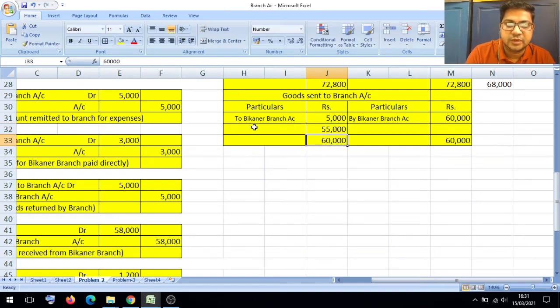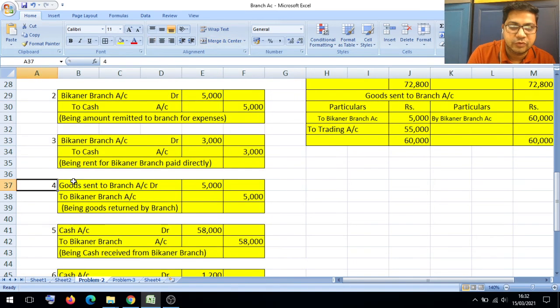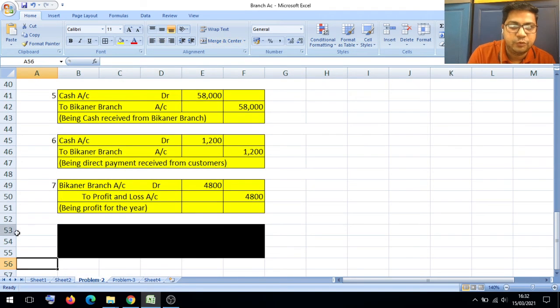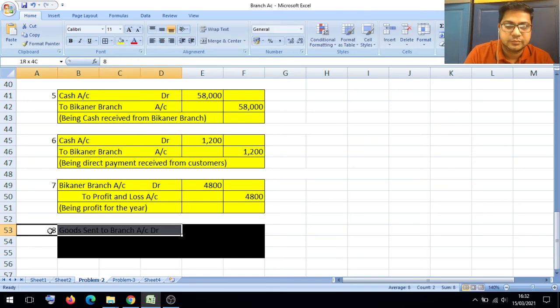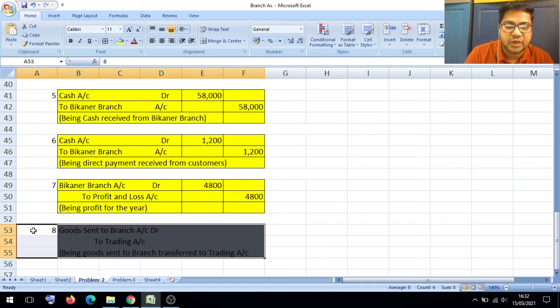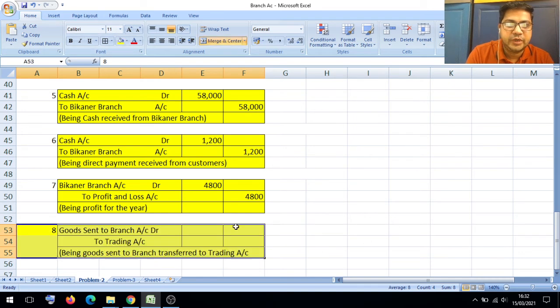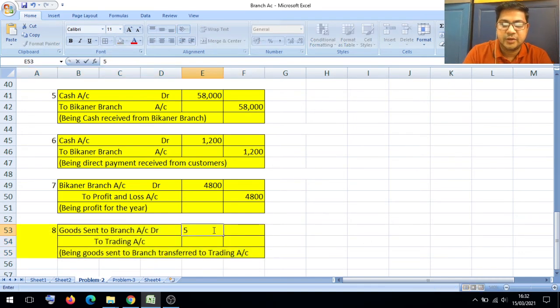This 55,000 we will transfer to trading account. The entry: goods sent to branch account debit to trading account 55,000. So the last entry we have to write, entry number 8: goods sent to branch account debit to trading account for 55,000.